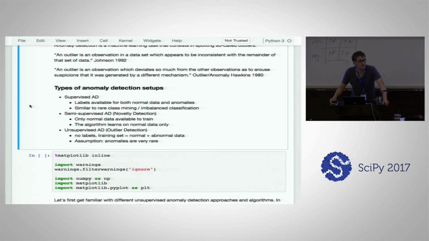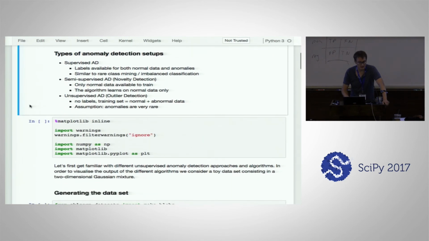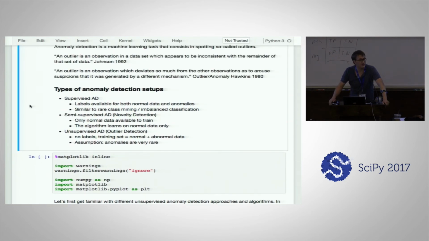The nothing would be: here's all my data, there might be some anomaly in it, I don't know what fraction, just find me the ones that are weird. This setup is really the tough one, and this is what people call unsupervised AD. You have data, some of them are good, some of them are not good, just find a way out. The only assumption is that anomalies are rare. That's the only thing that you need to assume in order to be able to do anything.